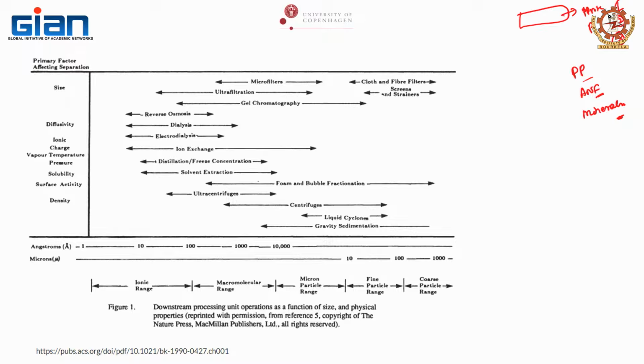Now, if you look into the composition of the final fraction, the components have different molecular weights. Can you see? What does it mean? Their size is also different, in other words, right? Protein 1 may be bigger than protein 2, protein 3 may be bigger than protein 1. Polyphenols are small compared to protein, right? Polyphenol molecular weight, let us say 300 Dalton.